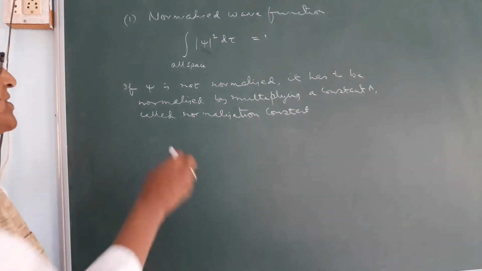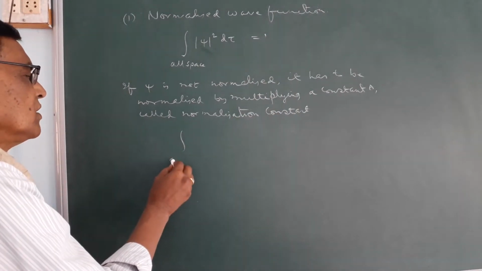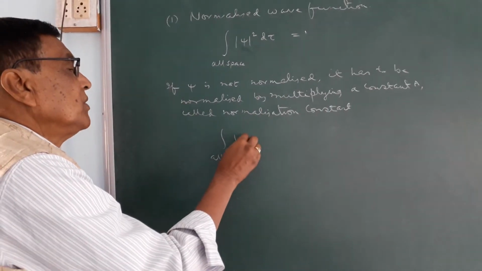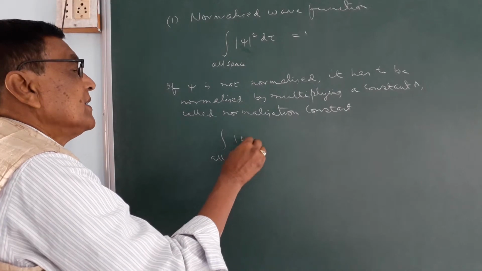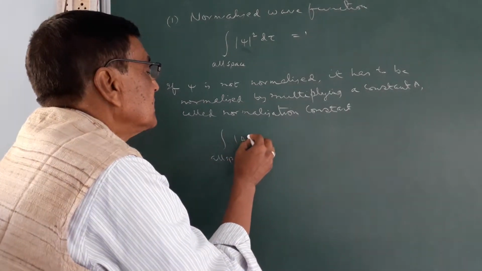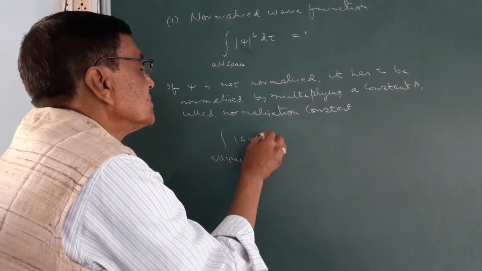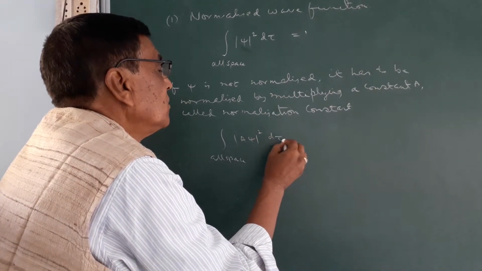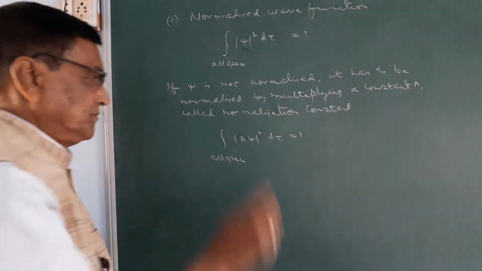In such a case, it will be the integral over all space of modulus A psi squared d tau equal to 1.